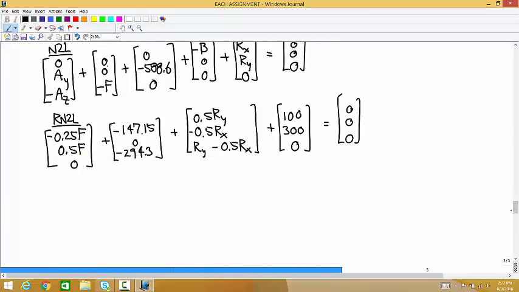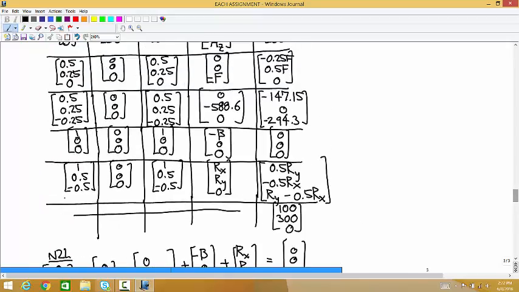For the 0.5 Ry and then negative 0.5 Rx moments, it should be positive 0.5 Rx and not negative. Yep. It's positive, but then remember you have to switch the sign of the y component in the cross product because y is always the weird one.